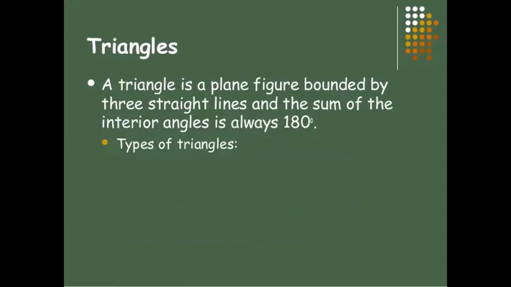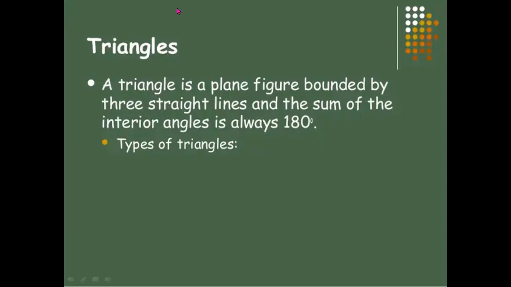A triangle is a plane figure bounded by three straight lines, and the sum of the interior angles is always 180 degrees. That's very basic.